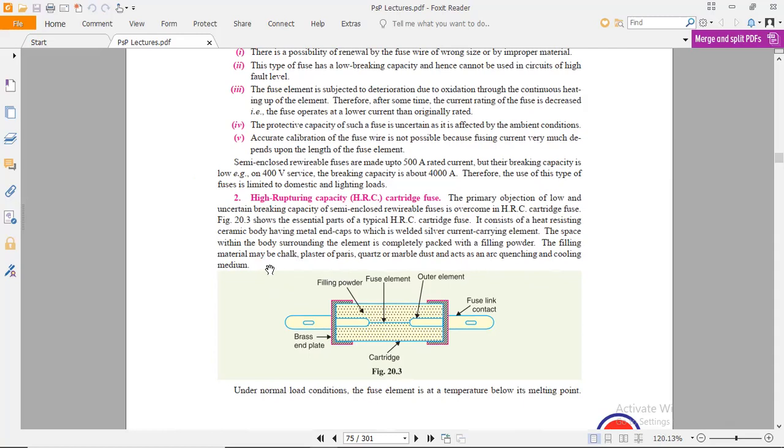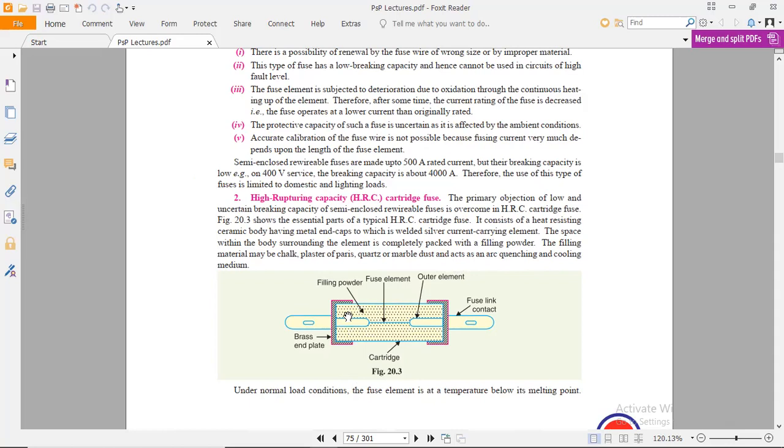The filling material may be chalk, plaster of Paris, or quartz, marble dust, acting as an arc quenching and cooling medium. The arc can be quenched in this medium of supply contact between the terminal ends. So this is the scenario that follows in fuses and prevents arcing and fire hazards, and the HRC fuse is mainly used in these scenarios.